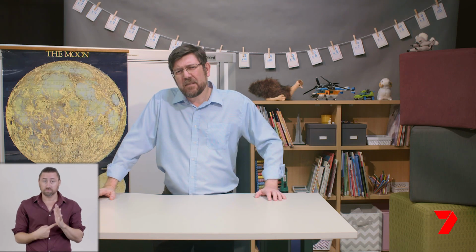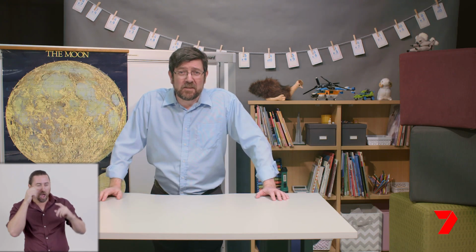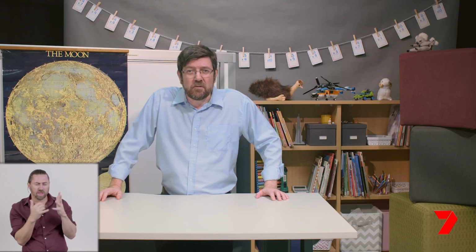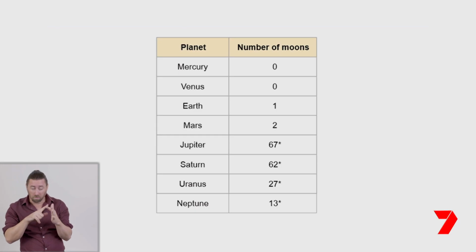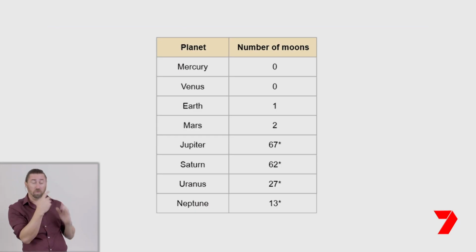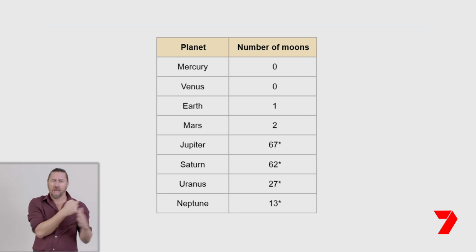Does every planet in our solar system have a moon orbiting it? I'm glad you asked. Astronomers, like the one at Parkes in New South Wales, can collect data about the solar system using radio telescopes. Let's have a look at some of their data to find out more. The first column on this table lists the 8 planets of our solar system in order of their distance away from the Sun, from Mercury all the way out to Neptune.